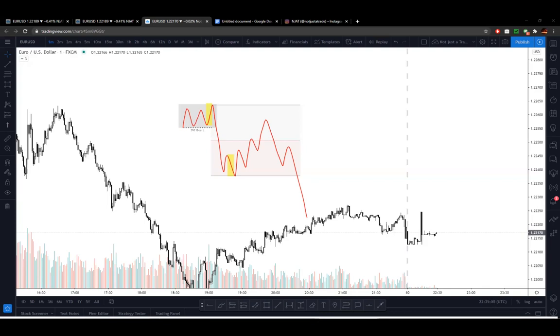Then a last buy within a range before an initiation of lower prices. The last sell within a range before an initiation of higher prices. Then any candle that takes liquidity before initiating higher or lower prices, or any candle that mitigates a previous OB. And then the last one is inside bars followed by an initiation of higher or lower prices, depending on which one we're looking at.